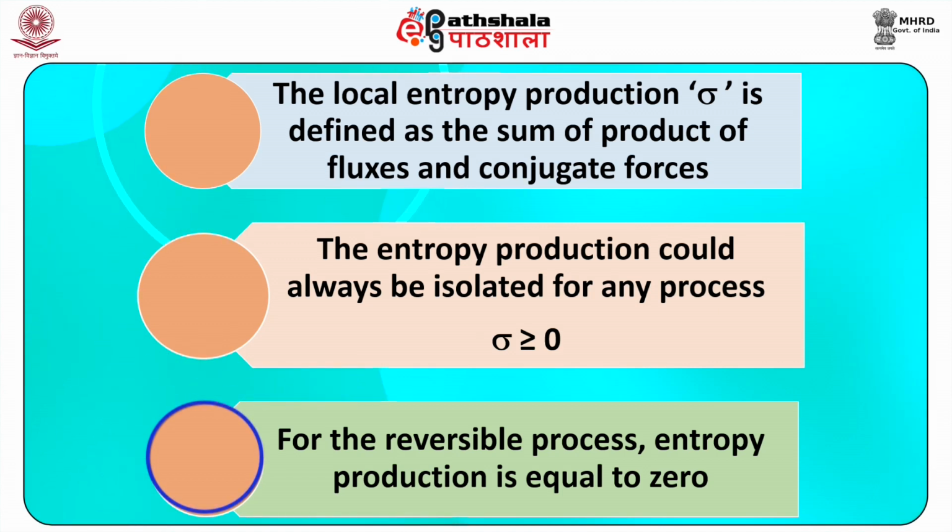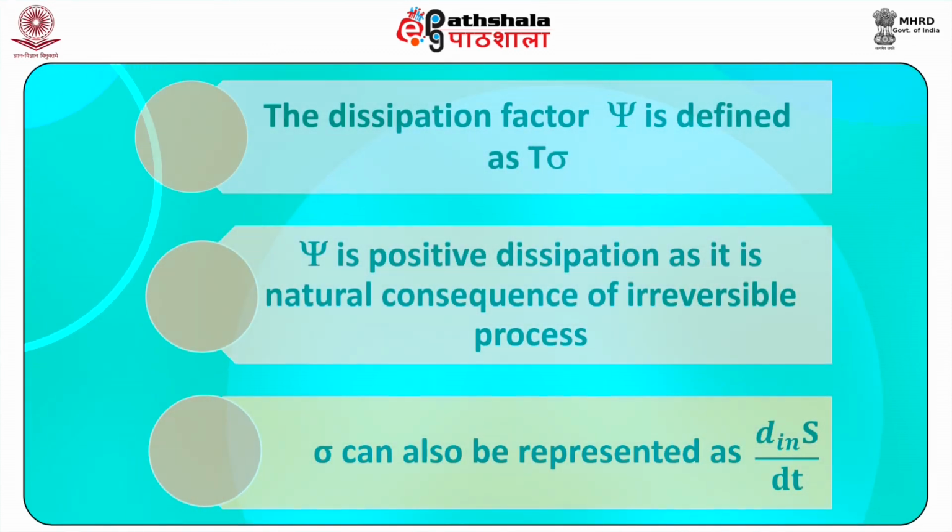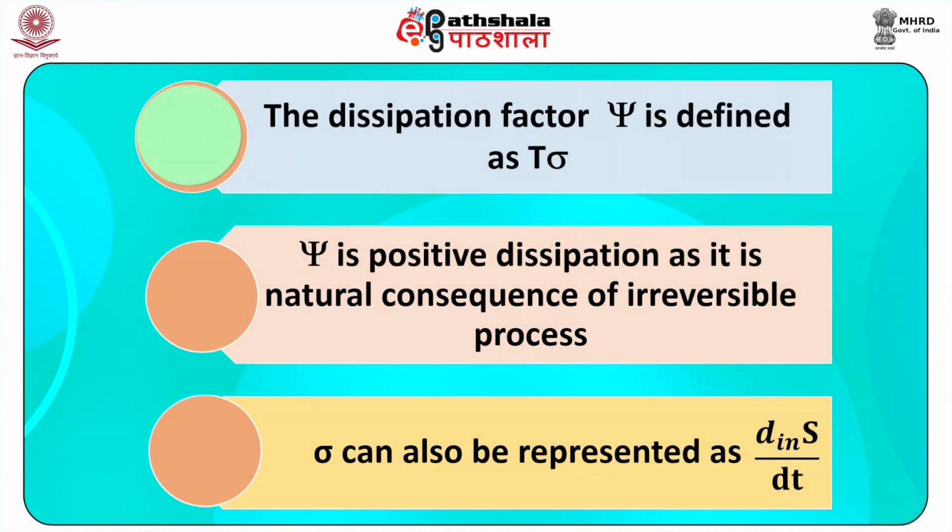For the reversible process, entropy production is equal to 0. The dissipation function Psi is defined as T sigma, where T is the absolute temperature. Psi is positive dissipation as it is a natural consequence of irreversible process. Sigma can also be represented as dS internal by dt.